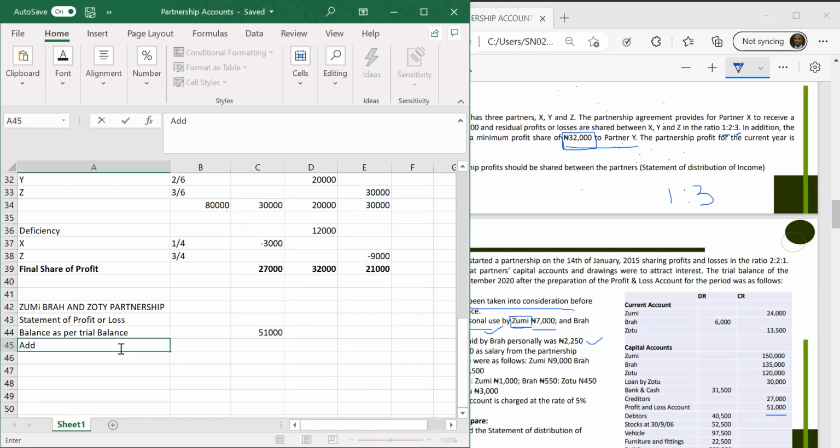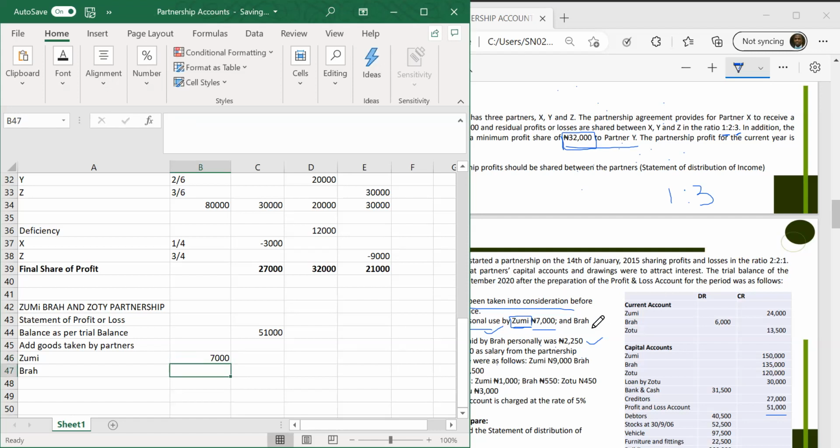So you have: add goods taken by partners. We have Zumi, 7,000.